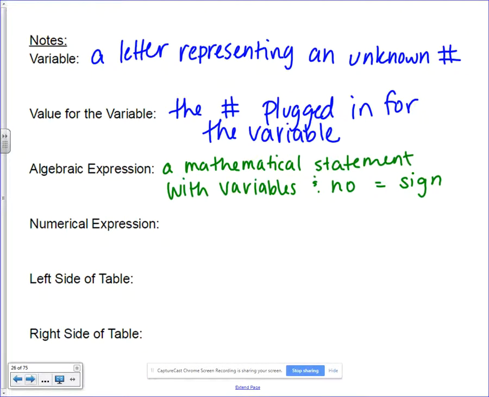What do you think a numerical expression is? It's still an expression, so it's not going to have an equal sign. Okay, Gage? What'd you say? It's going to have numbers. Basically, there's not going to be variables. You're going to have plugged in numbers for all those variables.